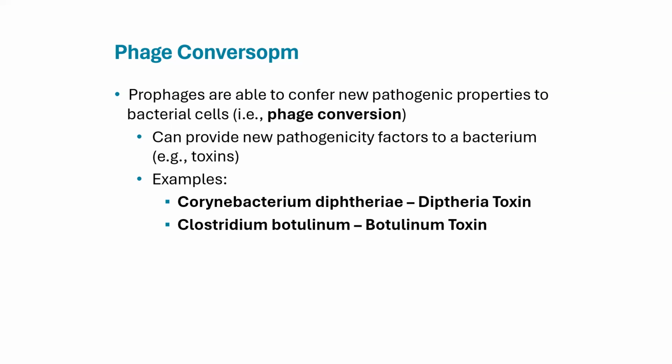And so phage conversion occurs in some pathogenic bacteria, or possibly makes them pathogenic by giving them additional virulence factors. And two examples of this are the diphtheria toxin and the botulinum toxin from Corynebacterium diphtheriae and Clostridium botulinum.